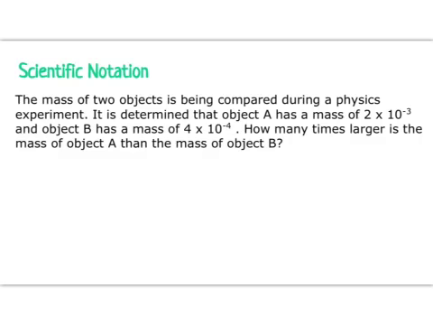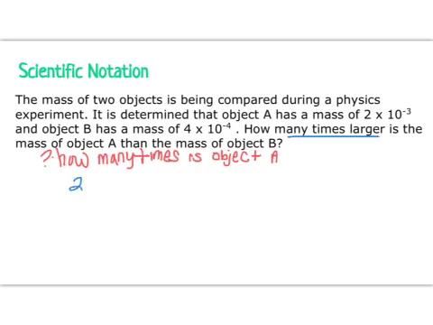So identifying first my question, I want to know how many times larger object A is compared to B. When I'm looking for how many times larger something is, I actually need to divide. So I need to divide object A, which is 2 times 10 to the negative third power, divided by 4 times 10 to the negative fourth.